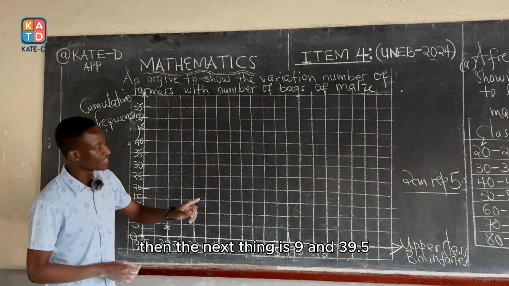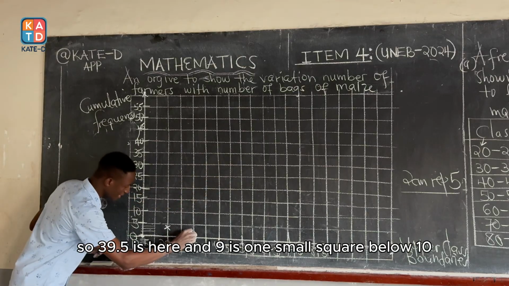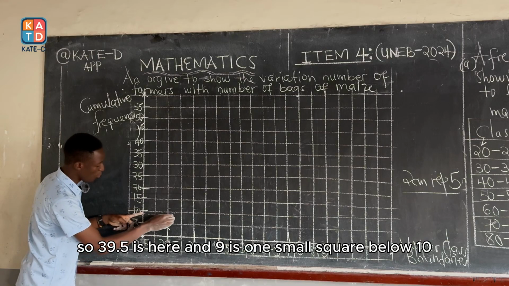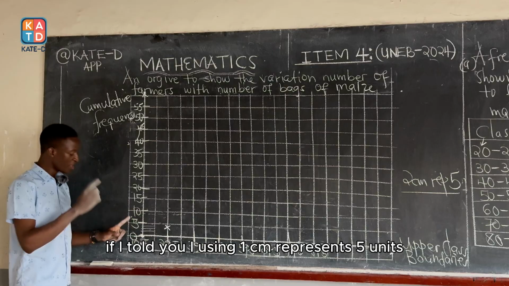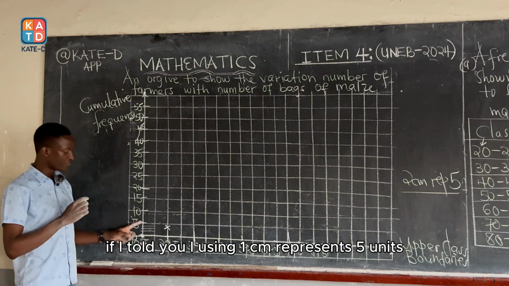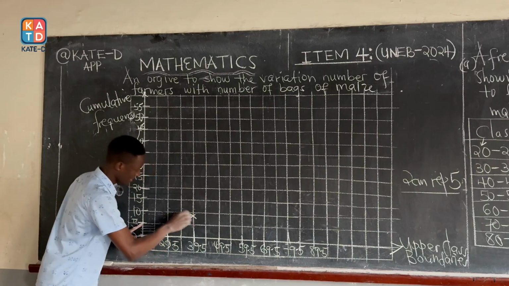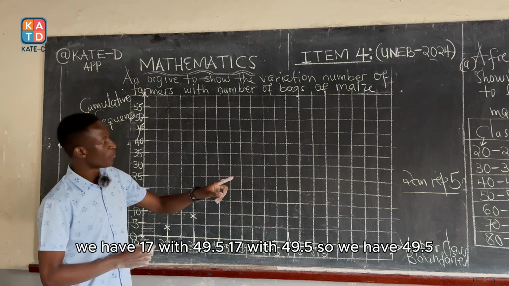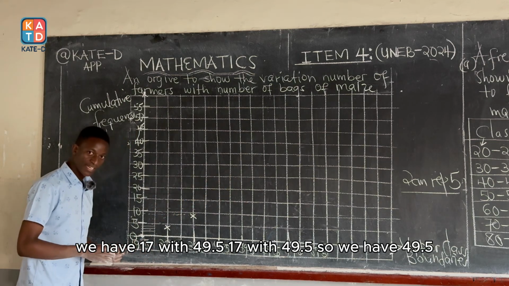Then the next thing is 9 and 39.5. So 39.5 is here, and 9 is 1 small square below 10, if at all you are using 1 centimeter to represent 5 units. That's what you should be having. Then we continue with another one. We have 17 with 49.5.